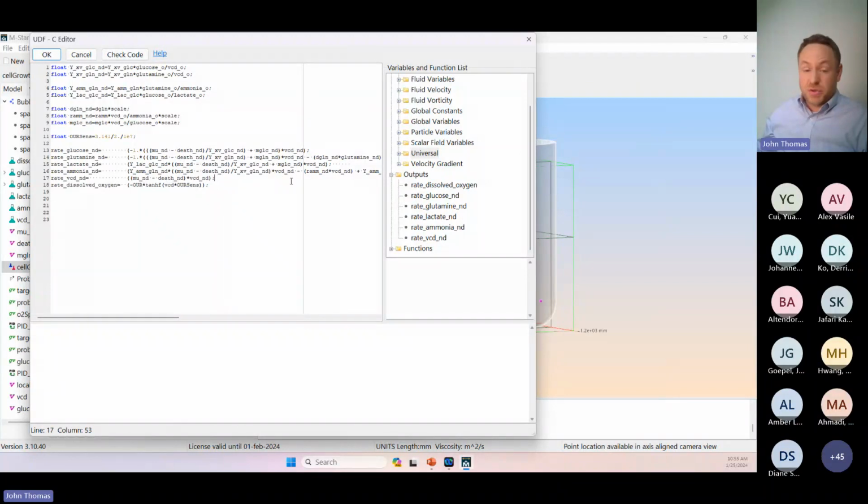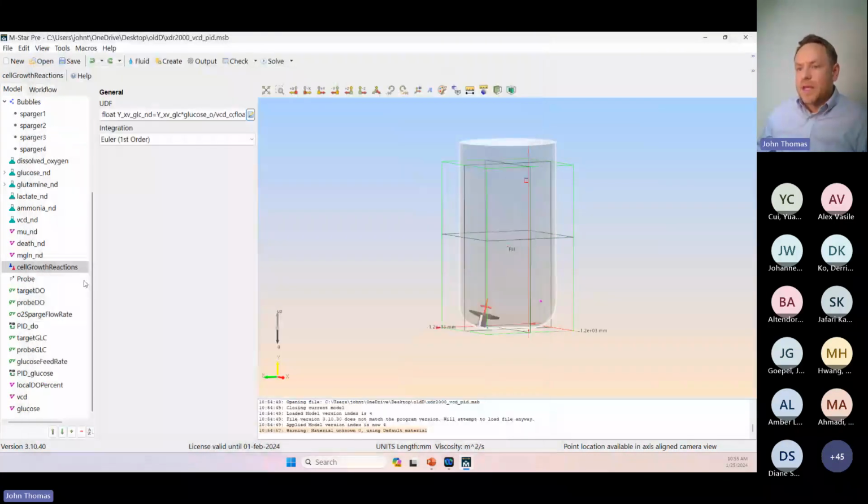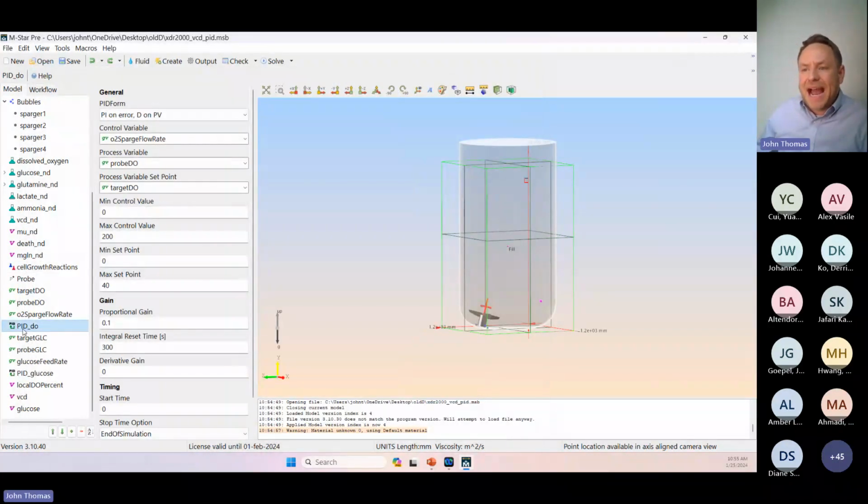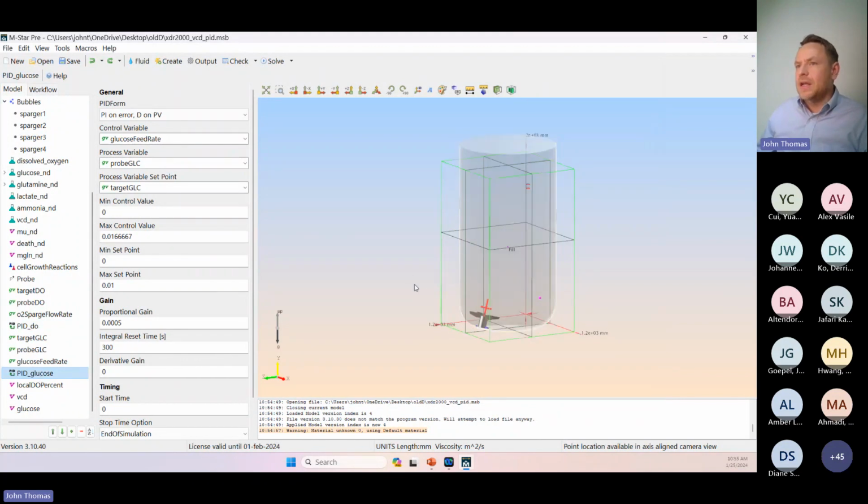But these are what I showed in the paper, what were published by others. These are the familiar cell growth kinetics. Here I have my logic, my PID for the DO. I have a set point, a gain, and a reset time. We have a target DO, probe DO, and sparge flow rate. Glucose PID, we've got the same logic here.